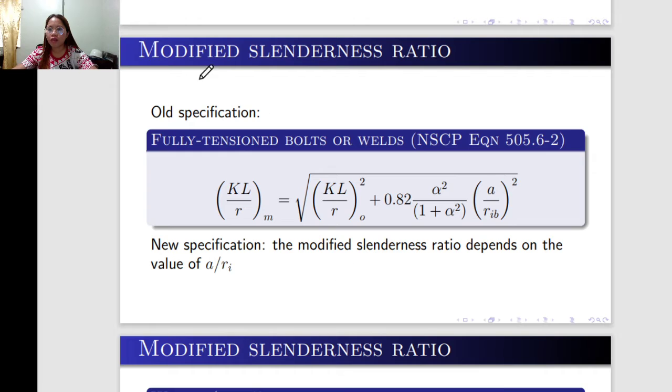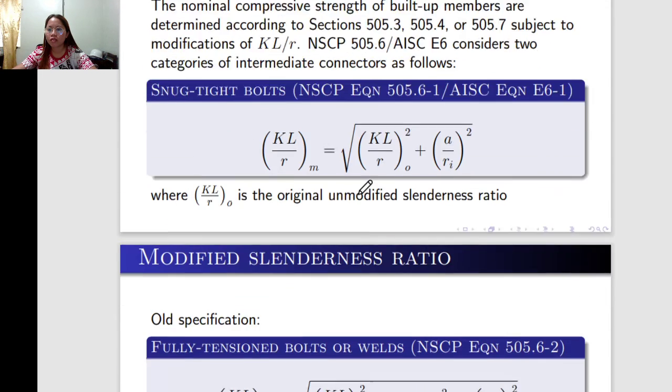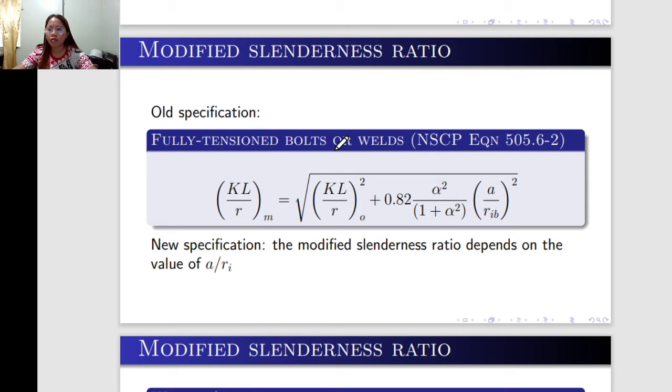For the old specification of the modified slenderness ratio, this one is for snug tight bolts. This one is for fully tensioned bolts or welds.